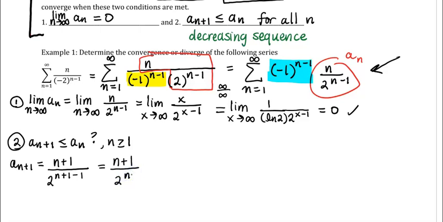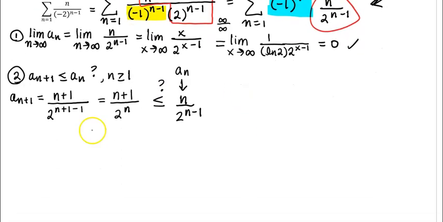And we are checking whether or not it is true that this is less than or equal to a sub n, which is n divided by 2 to the n minus 1. I do not know that this is true yet. This is what we need to show. So I'm going to work with this inequality.